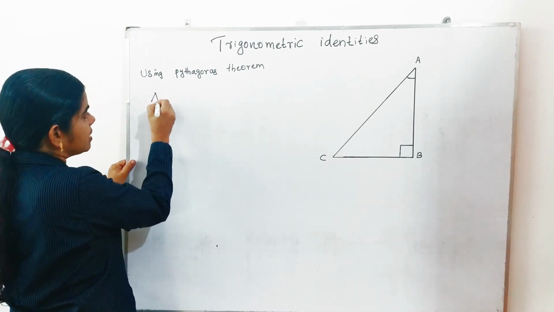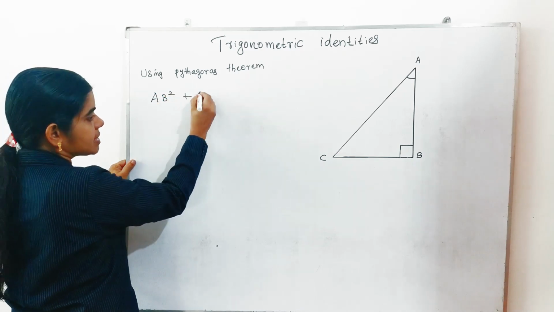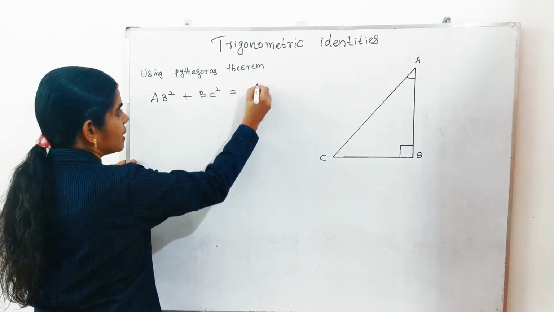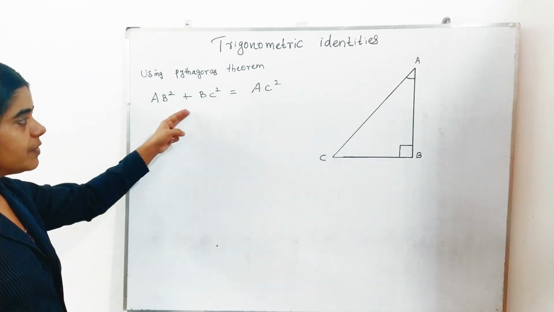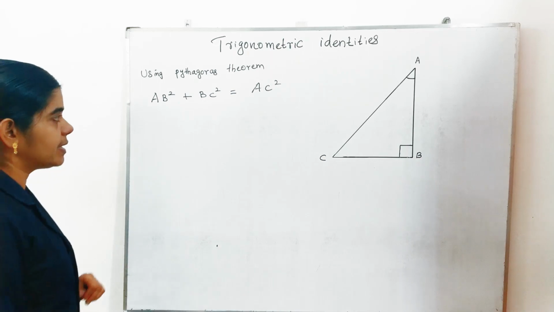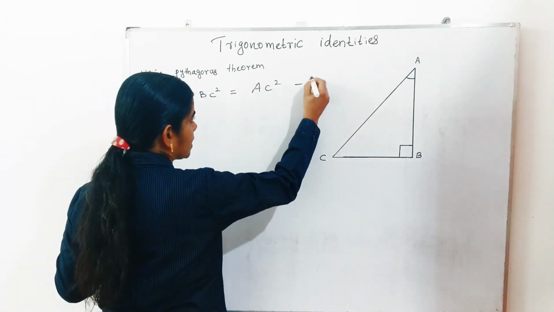Then we can write AB square plus BC square is equal to AC square. This is the Pythagoras theorem. This is equation 1.